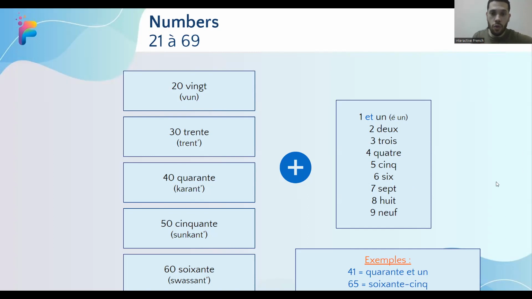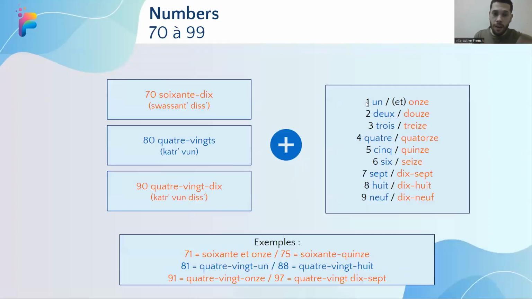Let's now move on to the numbers from 70 to 99. There it gets a little more complicated. Here you have to know your numbers from 11 to 19. You'll see why. In French from France, more on that in a minute, we do not have a word for 70.